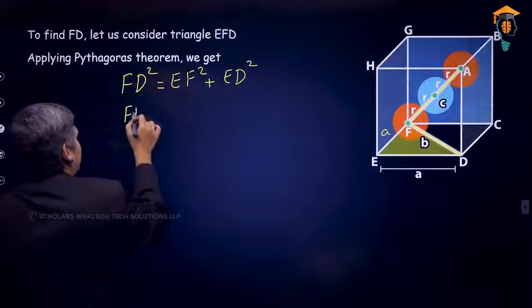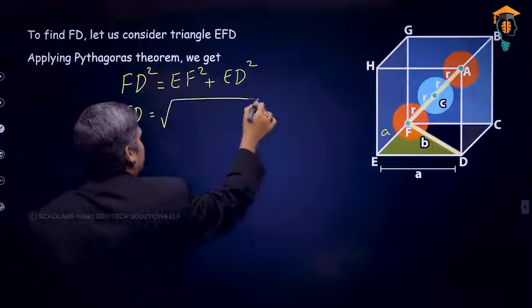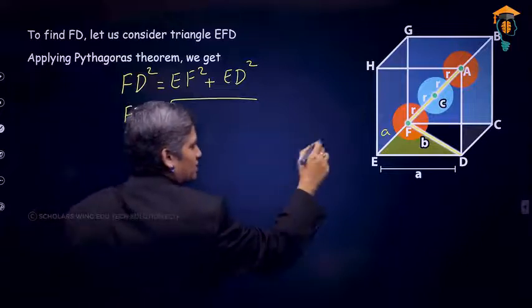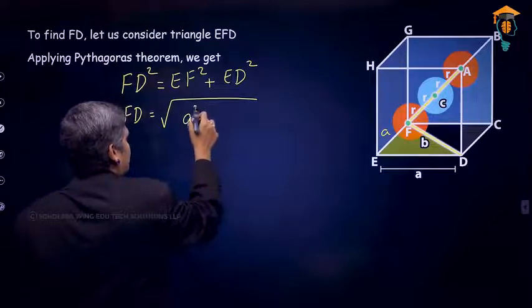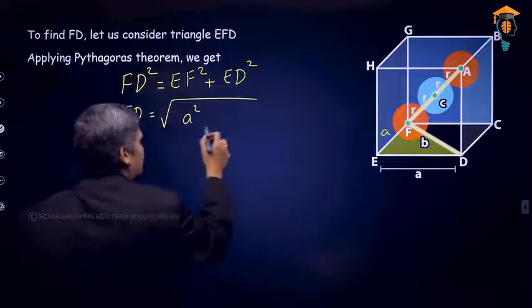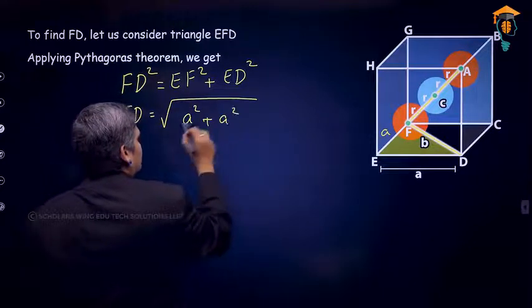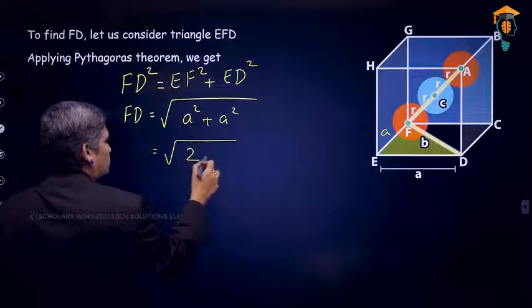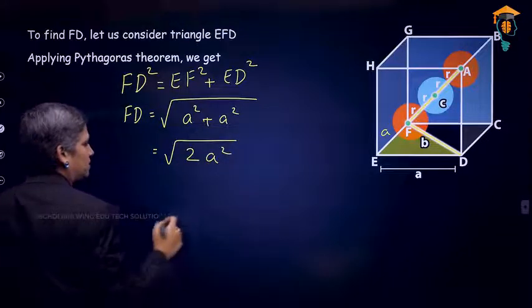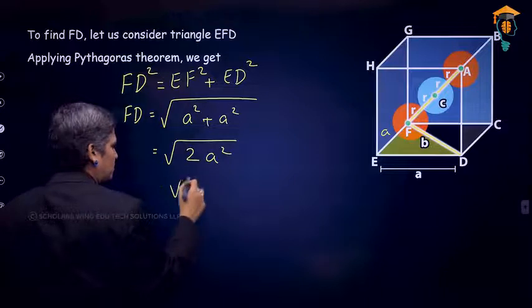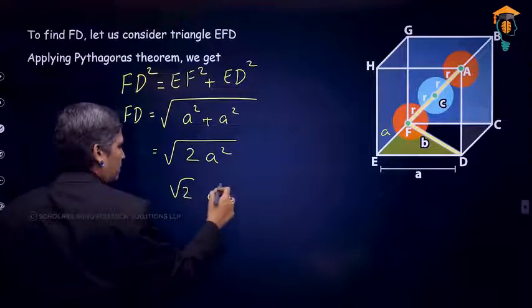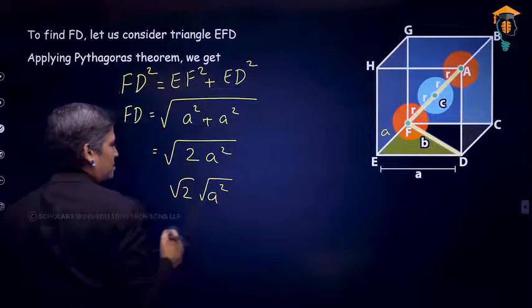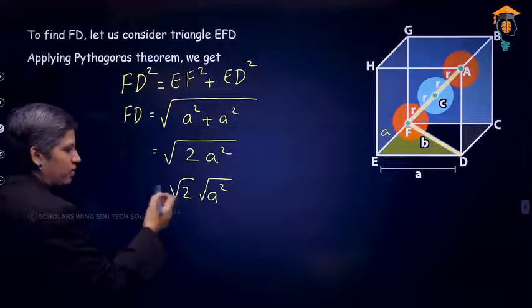So, what is FD from this? Square root of this. In place of EF square, can I put A square? Yeah. ED square is also A square. What is A square plus A square? Under root 2A square. So, this can be written as root 2 into A square under root, or square root of A square.